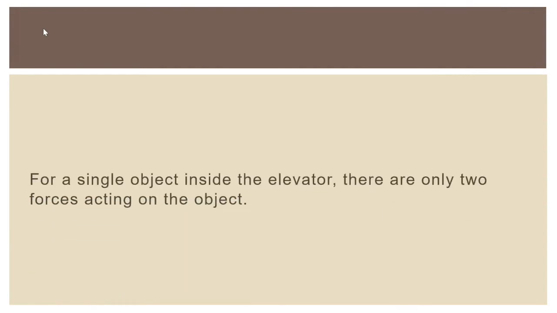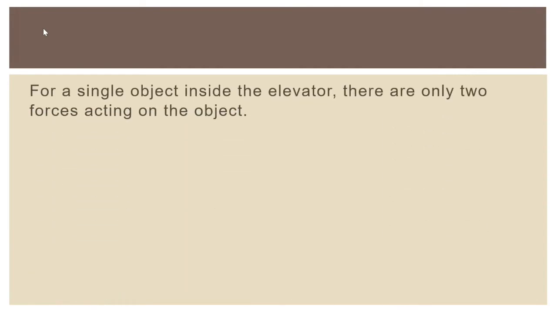The first thing we should say here is for a single object inside the elevator, like the person, there are only two forces acting on the object. And I think sometimes people get bogged down in the details when they're looking at these problems. This is really simpler than it might look, even when they try to make it complicated.